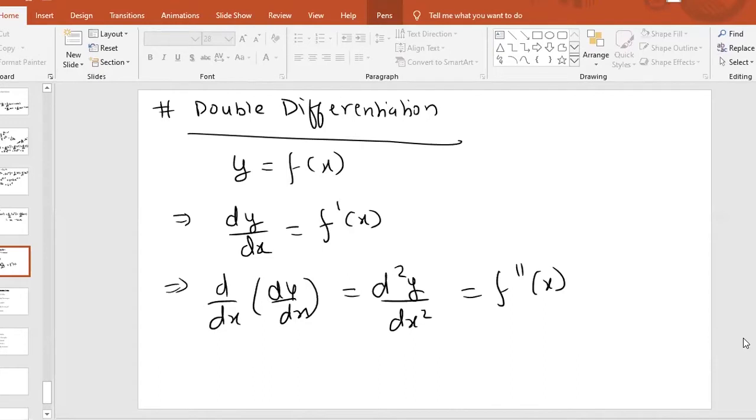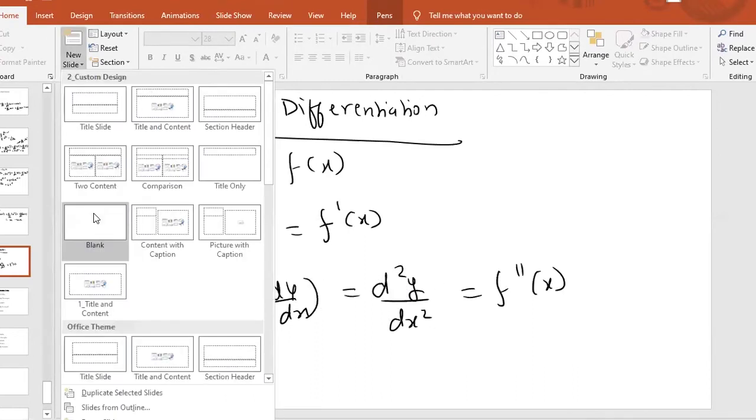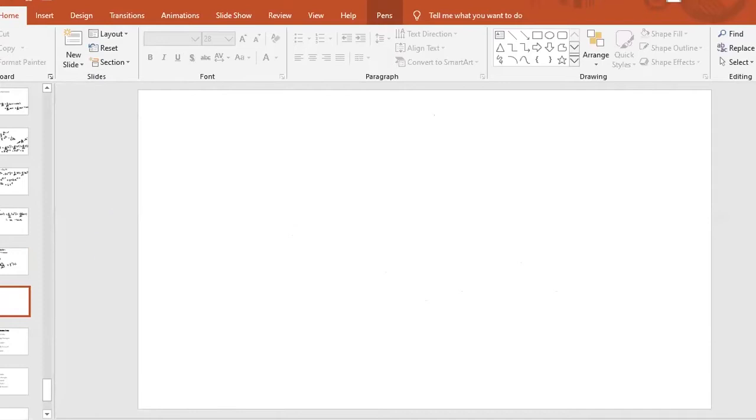I will give you an example. It is d square y by dx square, that is how we represent double differentiation.